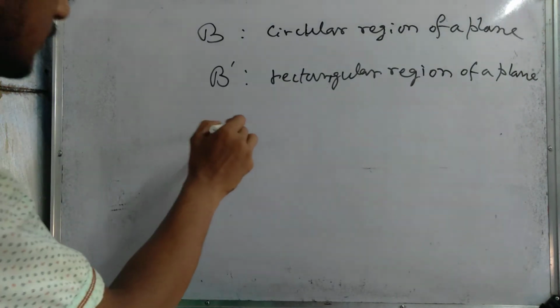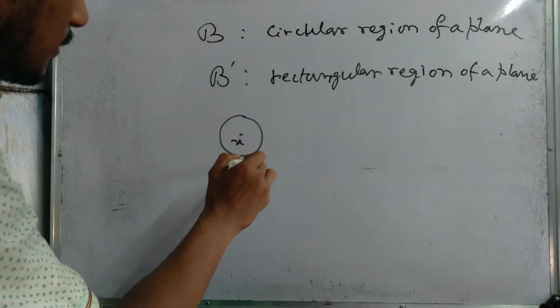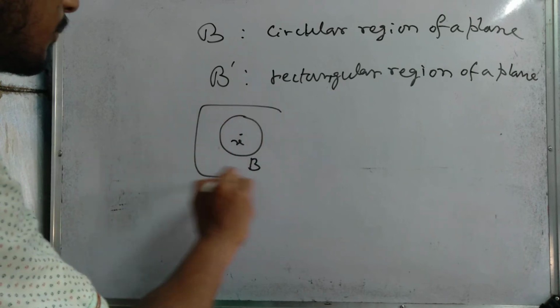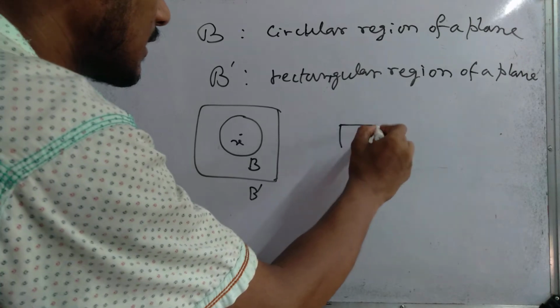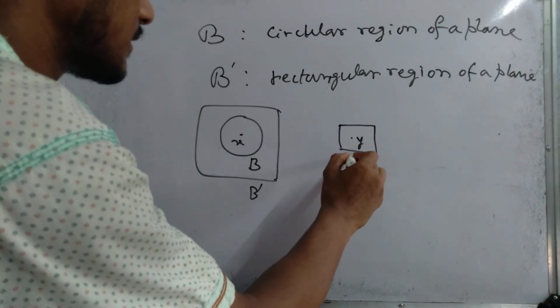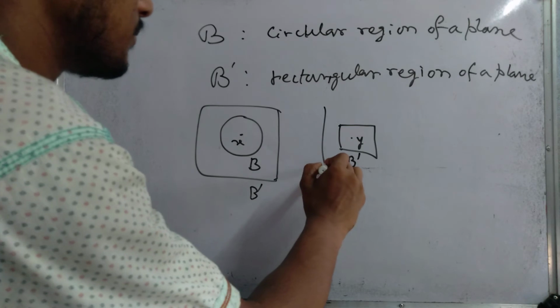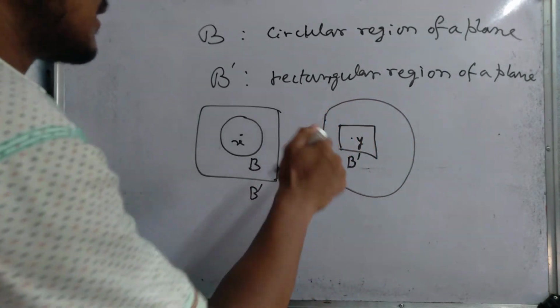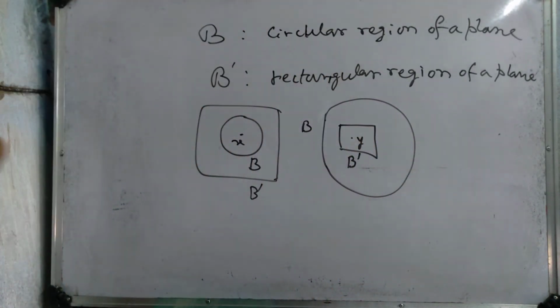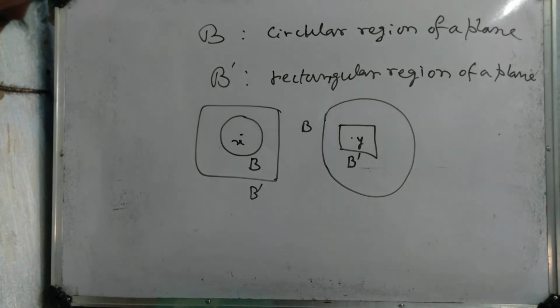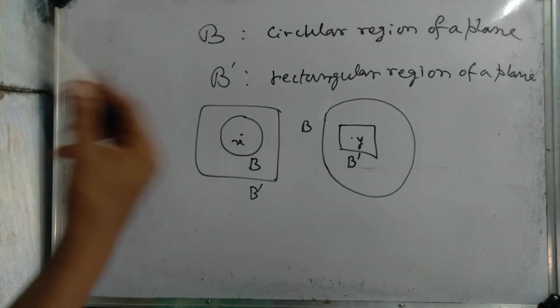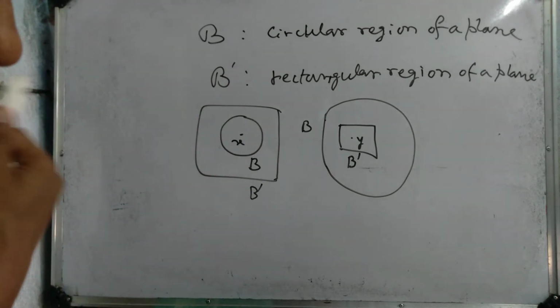Then we see that some point x belonging to some circular region obviously belongs to some rectangular region, and obviously a point in some rectangular region must belong to one circular region. So beta and beta dash are comparable with each other.